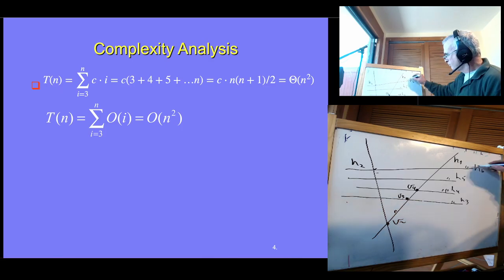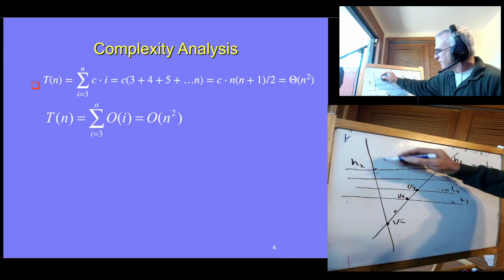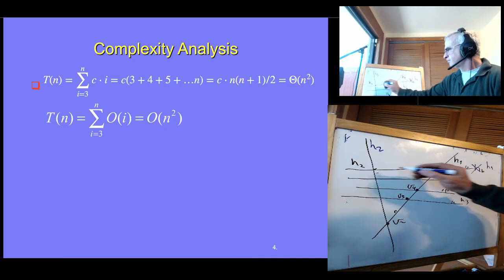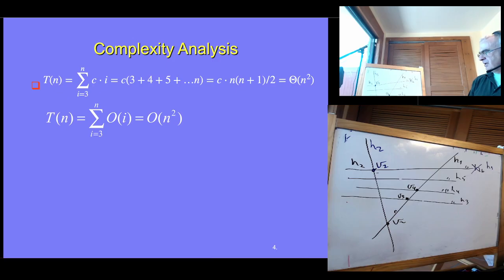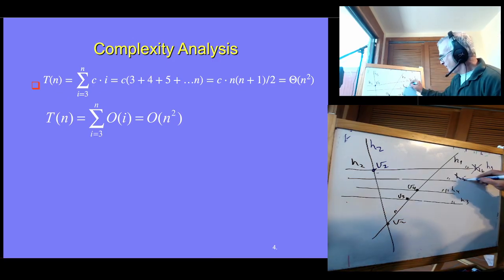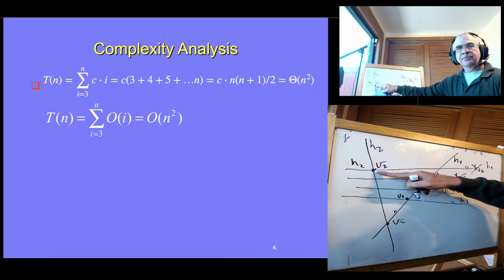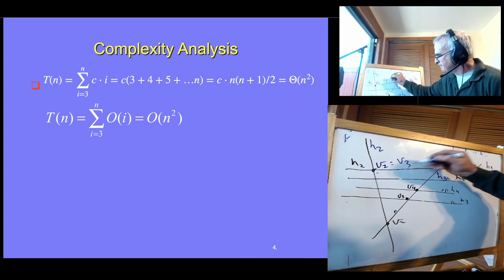Let's call this one H1, and this will be the new H2, and this will be V2, that's where I started from. Now this half plane will be the new H3, which does not violate V2. So I'm just spending time to check that there is no violation, but this is also becoming V3.